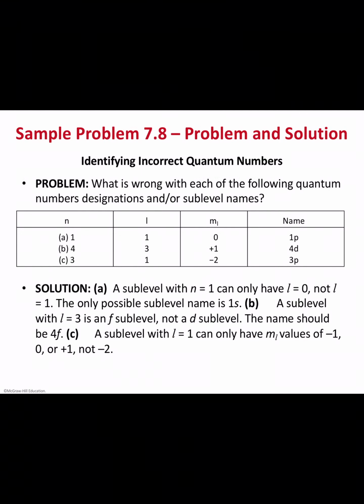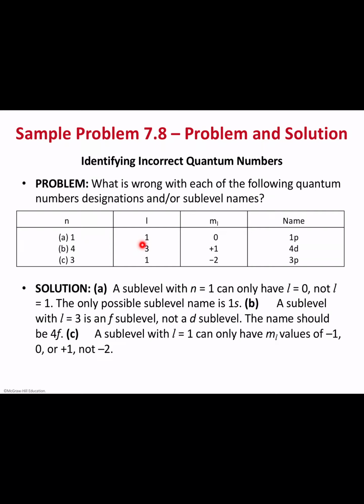Next one. What is wrong with each of the following quantum numbers, designations and/or sublevel names? First one, we are given n equals 1, L equals 1, ML 0, name 1p. So what's wrong in this combination? When n equals 1, what are the possible L values?